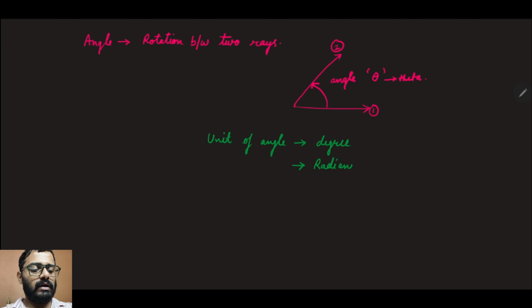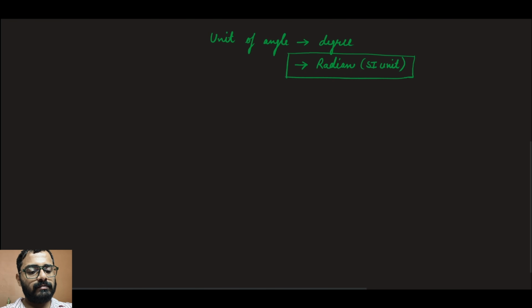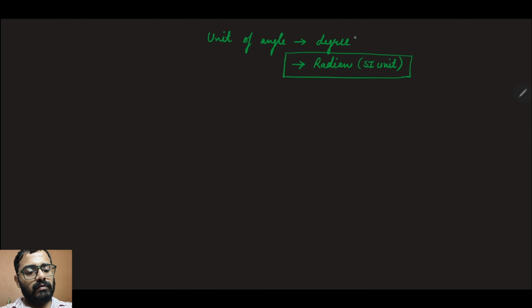Radian is going to be your SI unit, the standard unit that we will use in physics. So if you are going to give any answer in physics, you should try to give it in the radian form only.